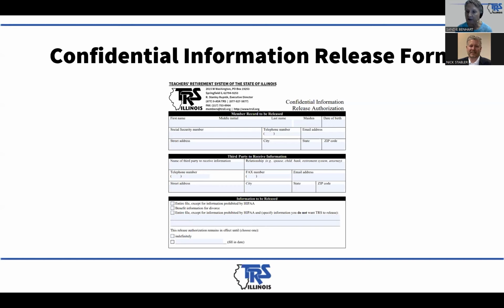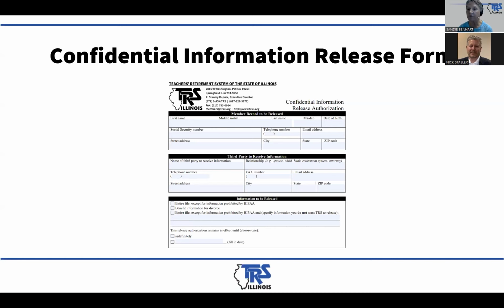If there is something else, there's a couple lines there, and you could say, please do not provide information on whatever else it is that you want. Then also you have a couple different options for how long this would be in place. So maybe it's your spouse and you want them always to be able to get this information.